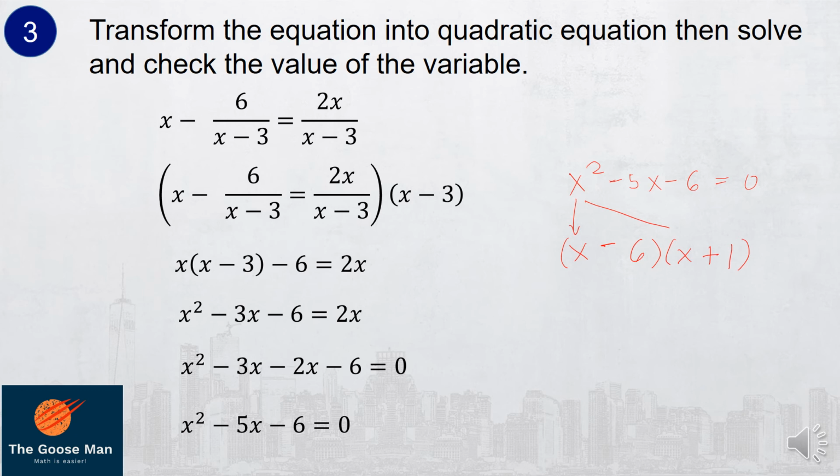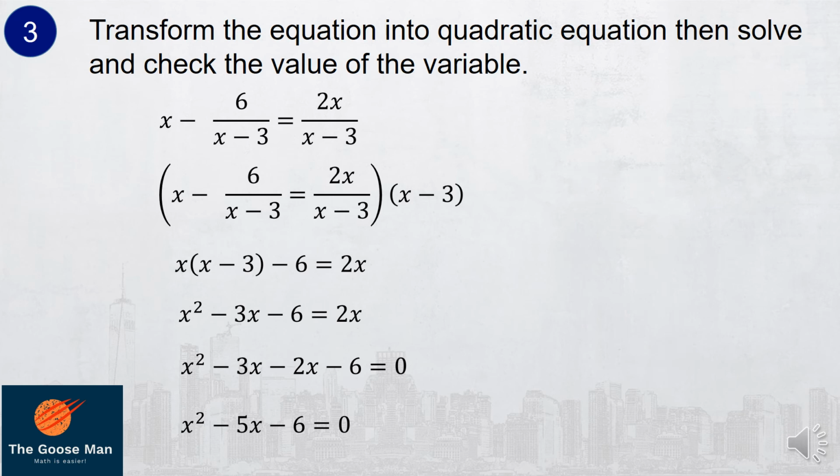If I double check this, the product of negative 6 and x is negative 6x, while the product of x and 1 is equal to x. I'll combine this, so this will become negative 5x. So this is now my middle term. Therefore, these are the correct factors of the equation.